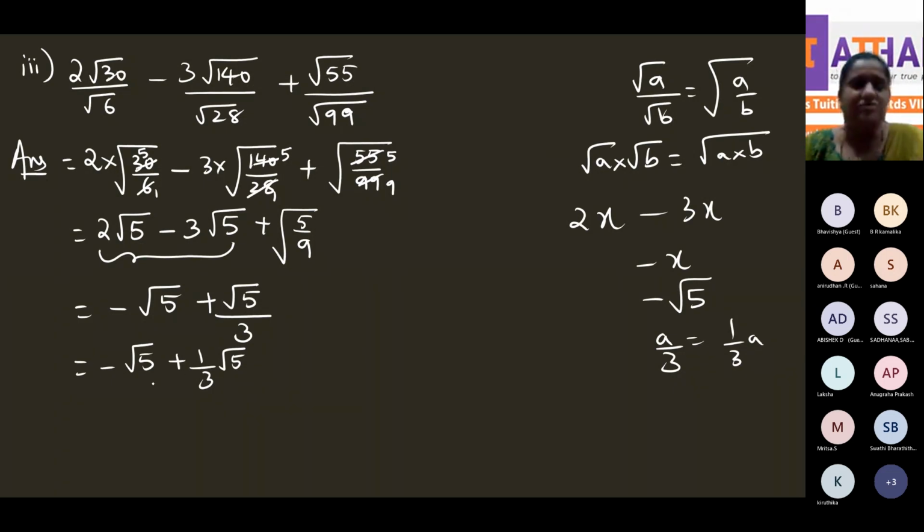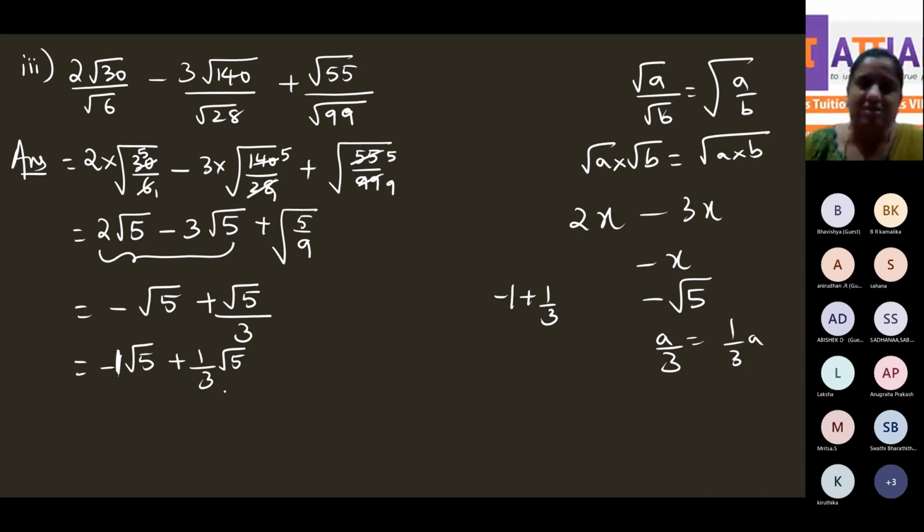So again, they're like surds. Minus root 5 plus 1 by 3 root 5. They're like surds, you can see them, root 5. So you can simplify them. Different signs, subtract. Now, what do you subtract? There is 1 here, actually. It's minus 1 root 5 plus 1 by 3 root 5.